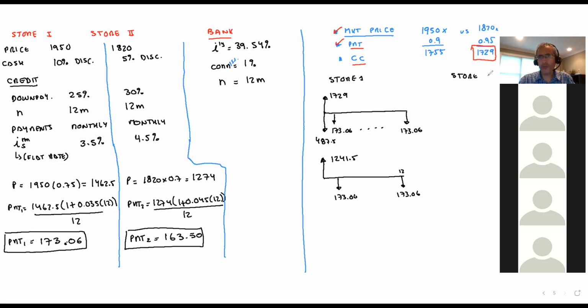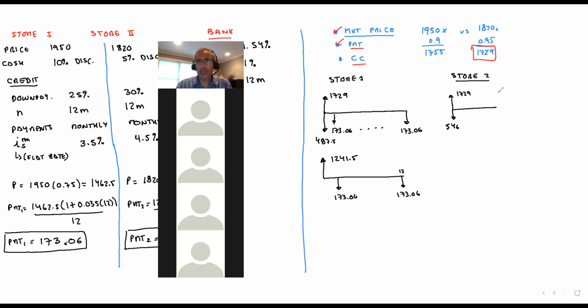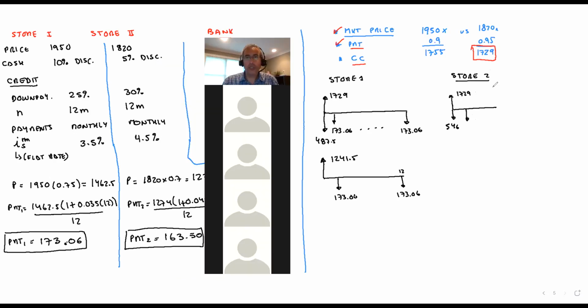For store two, I will do 1729. I have an initial cash flow, a down payment of 30%, 1,820 times 0.3, 546. And then I do my payments that are equal to 163.5, twelve times.